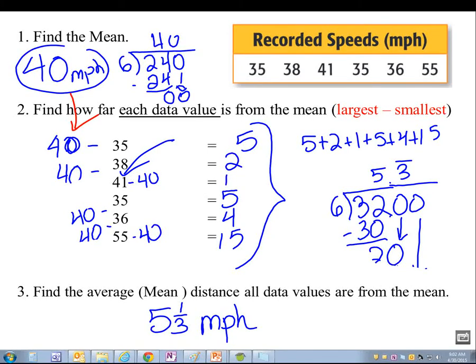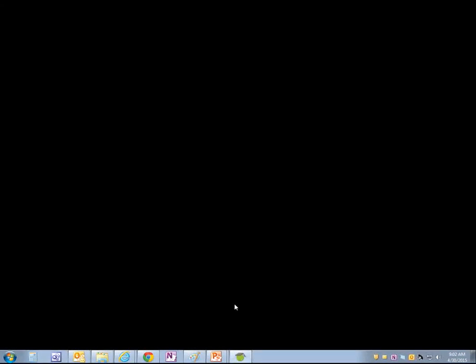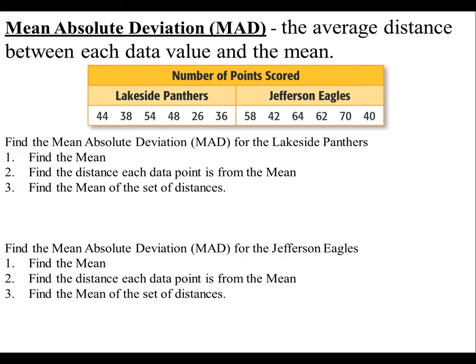Five 1/3 miles per hour. Interesting. There we go.